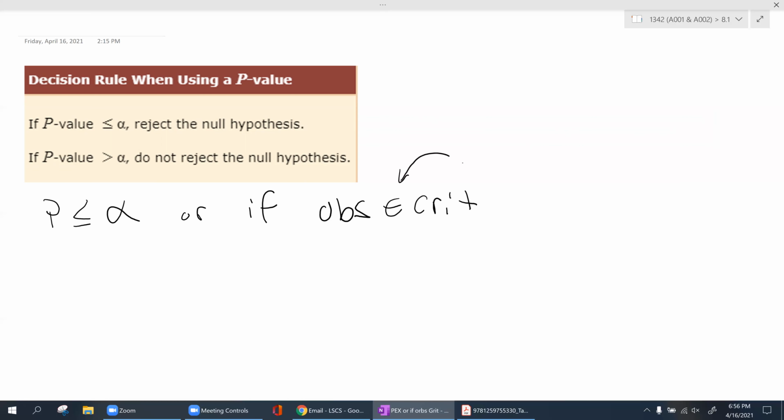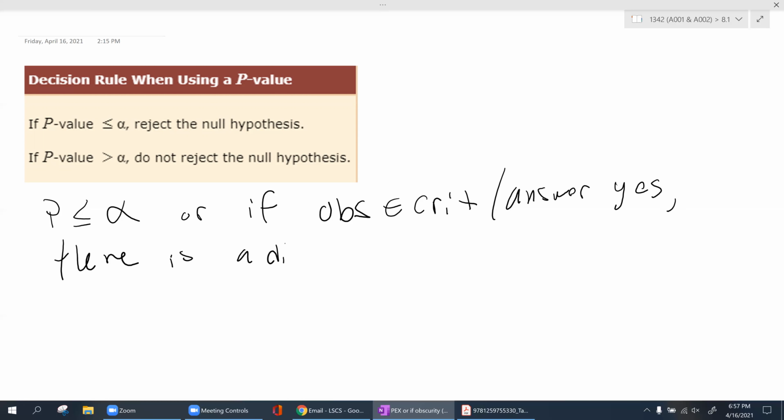If it's within your critical region, you answer yes, meaning there is a difference, and you reject the null hypothesis, all right?